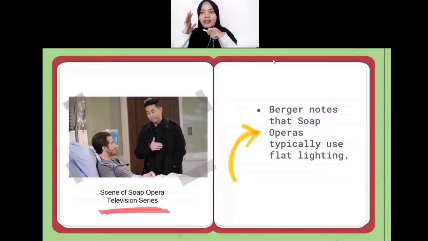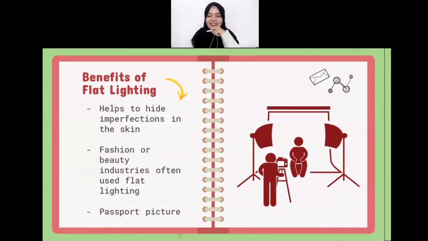When it is recorded live with multiple cameras, the lighting will tend to be very flat because they can't edit the lighting during the live recording. So Berger notes that soap operas typically use flat lighting. As you can see in the picture, it is very flat, so it doesn't have any shadows in the background or on the face of the man. Okay, next.